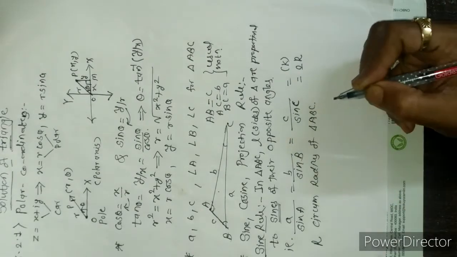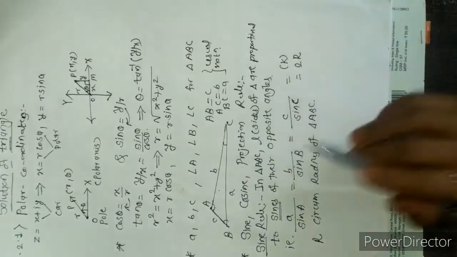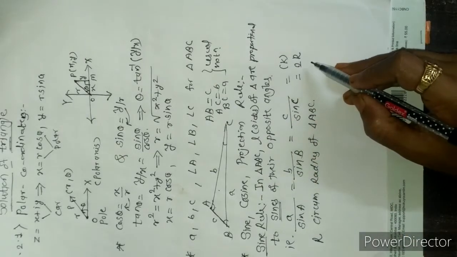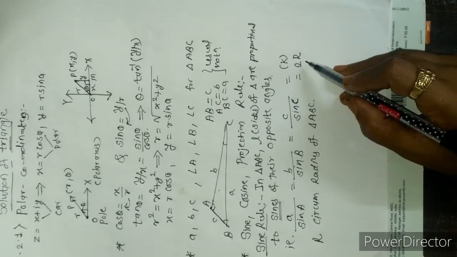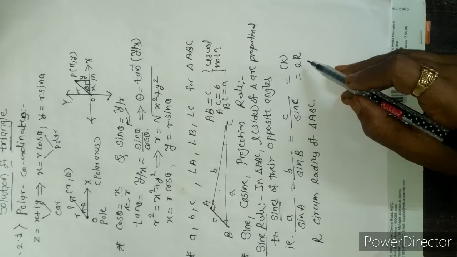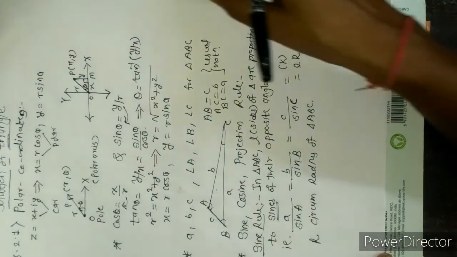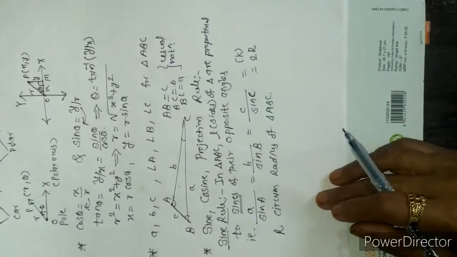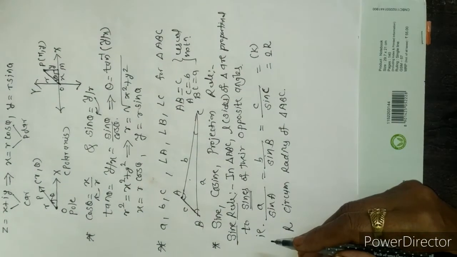By using a constant, we prove the result by comparing areas of triangles. But in the case of the circumradius of triangle ABC, we draw the circumcircle and consider the corresponding angles inscribed in the same arc. With the help of this we find 2R. Already this proof is given in your textbook.